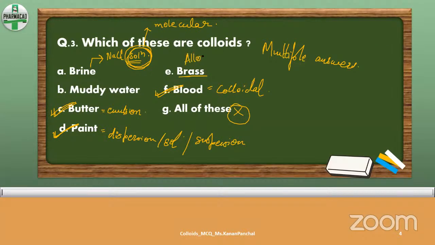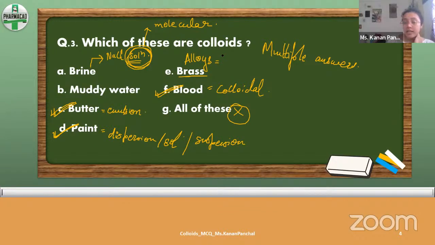And what are alloys? Mixture of two components. Alloys are nothing but a homogeneous solid solution of metals. When you melt two metals and mix them homogeneously to form a solid solution, that is an alloy.